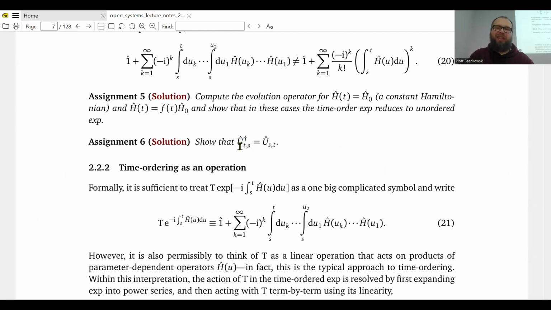Show that when you take the evolution operator and take a dagger of it, you reverse the time arguments, beginning with the end. So let's do the calculation.